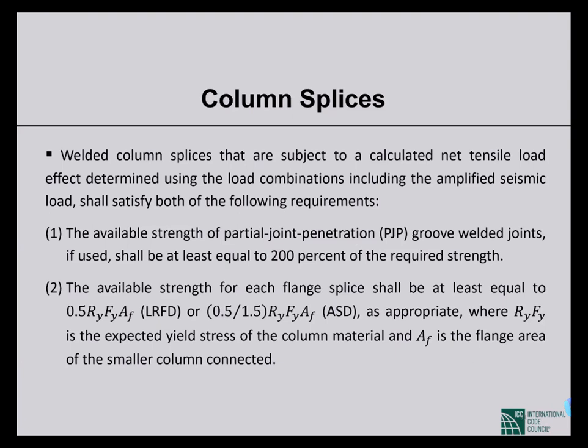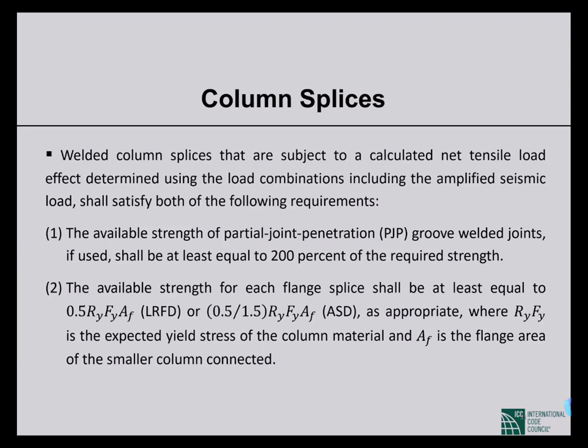Here we are calculating the strength of the flange splice. But while we are calculating the strength of the splice, we have to consider the strength of the column. So we have to make sure that the strength of the column while splicing is not reduced. That's why we have to consider the reserve strength of the column.